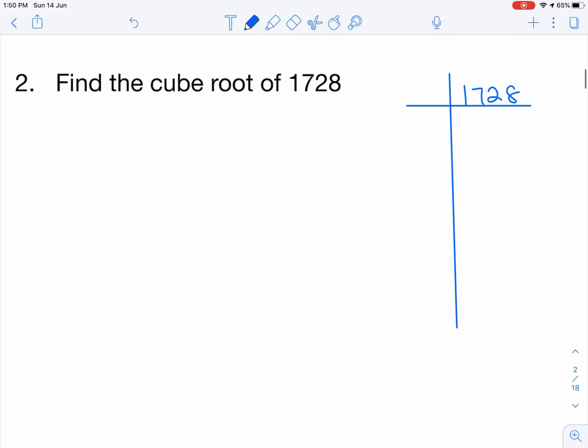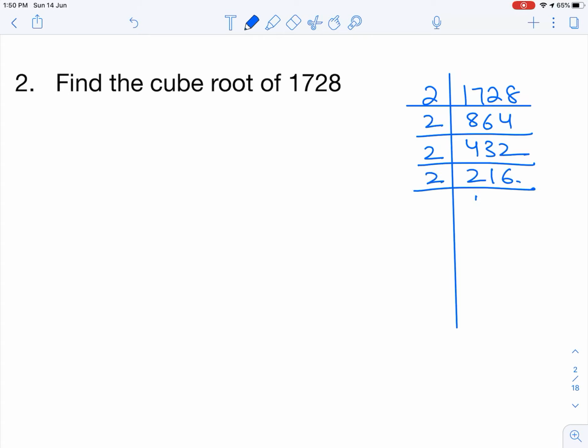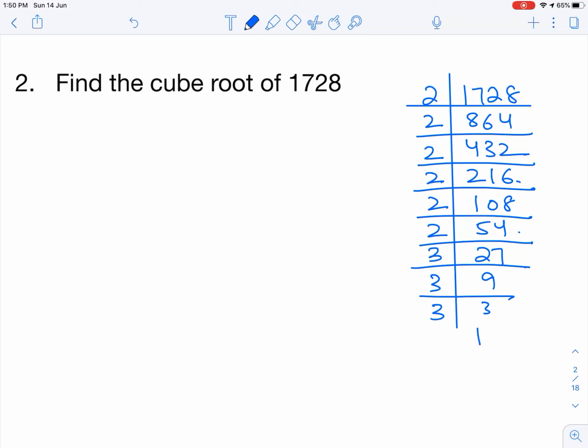In order to find the cube root of any number, the method is the same. You do prime factorization. Now you cannot do it further with 2, so you have to do it with 3. 3 9s, 3 3s, and 3 1s.